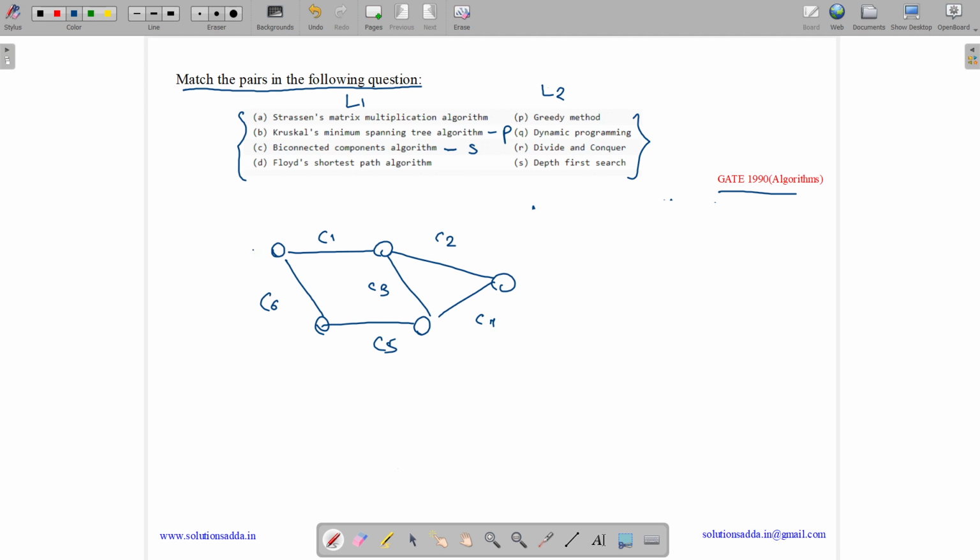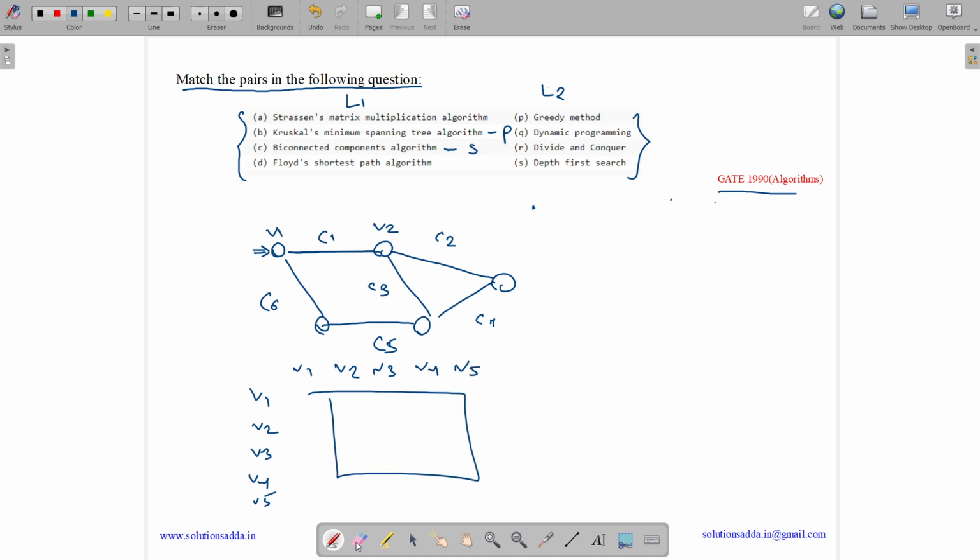We need to find out, if we start from vertex V1, what is the minimum cost in which we can reach V2? We can go by C1, or by C6, C5, C3, or by C6, C5, C4, C2. What is the minimum cost to reach? And we need to find it for all the pairs, V1, V2, V3, V4, V5.